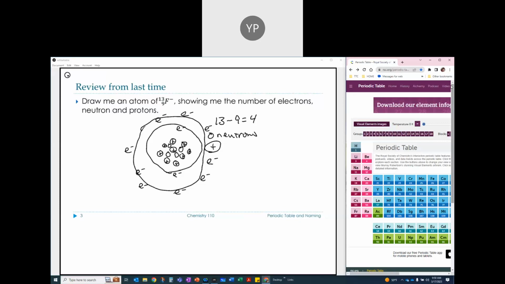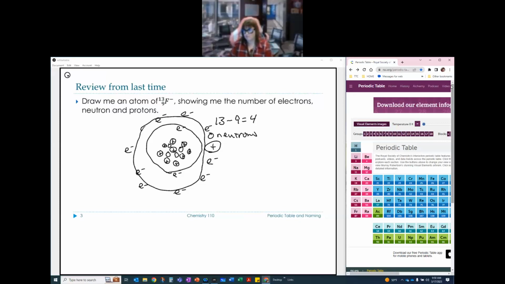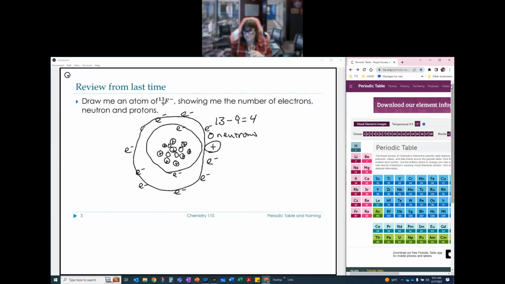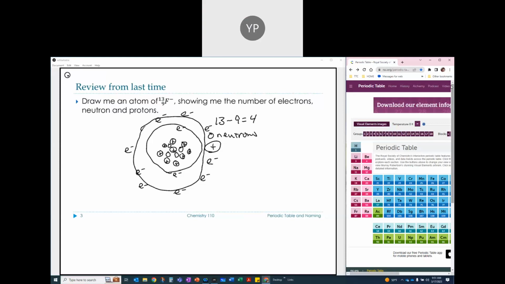Correct. Electrons are 9 if it was neutral. Since it's a minus, we have 1 more. Protons are 9 because that's the number down at the bottom. So protons are 9, electrons are 10, and the neutrons are 4. Correct.